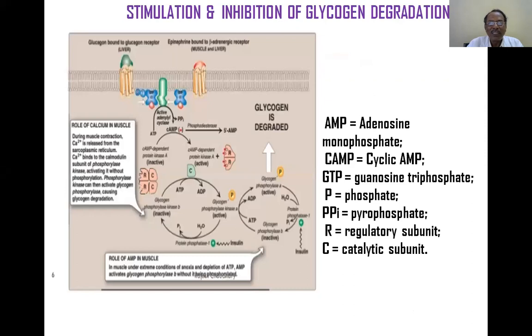The stimulation and inhibition of glycogen degradation is under the control of mainly glucagon and epinephrine. Glucagon and epinephrine increase in the fasting state, and they mediate through the cyclic AMP mechanism.